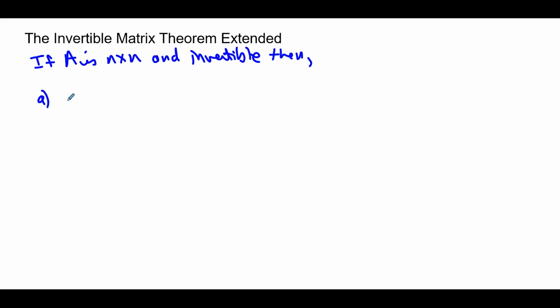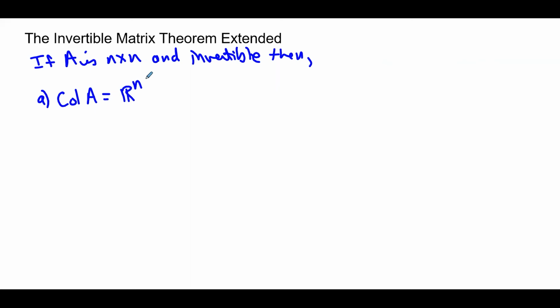The column space of A is equal to Rn. So why is that? If A has n columns and we row reduce it and we get the identity matrix, which is what we'd have to do if it's invertible, then we've got a leading one in every row.